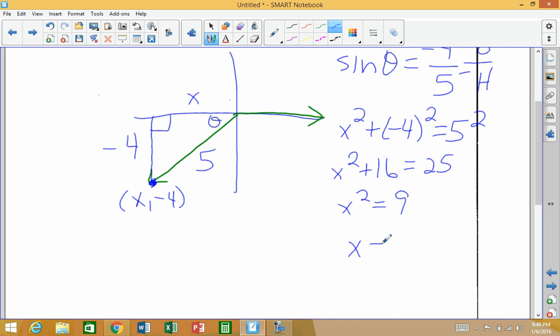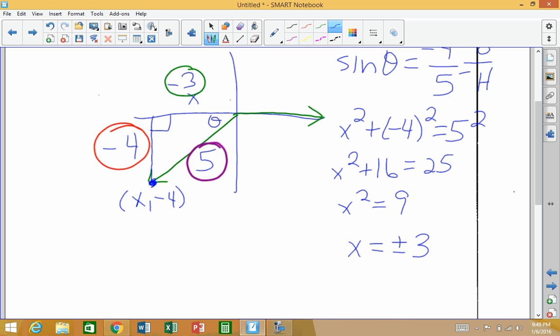So x equals plus or minus 3. Now that depends on the situation. If you look at ours, quadrant 3, we need a negative 3. Okay, so we have our opposite, negative 4. We have our adjacent at negative 3. And we have our hypotenuse here at 5.